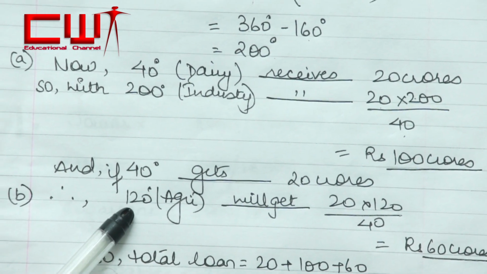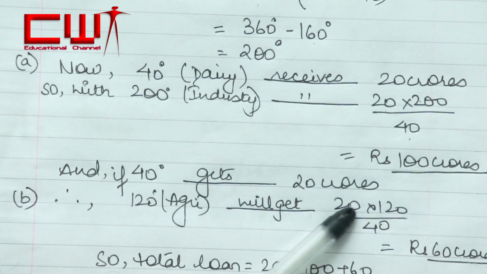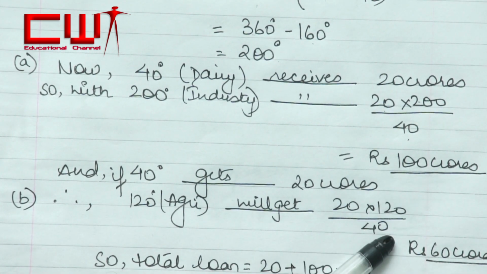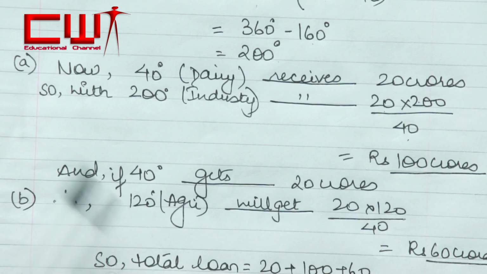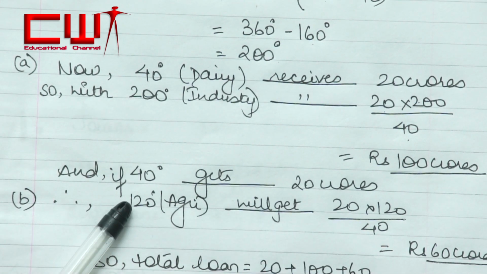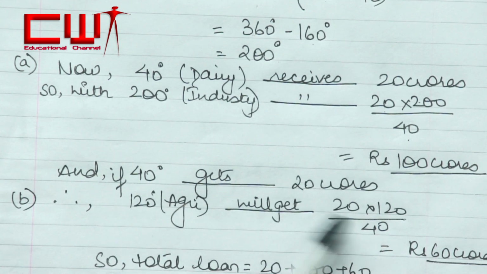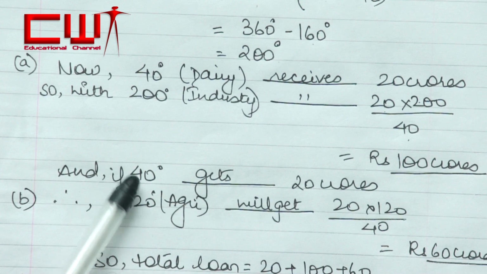Agriculture is how many degrees? 120 degrees. So for 120 degrees, it will get 20 into 120 divided by 40, right? If 40 degrees is getting 20 crores, then 120 degrees will get 20, the same thing you write here, into 120 that is given here, and 40 degrees will become the denominator. So this will get 60 crores.